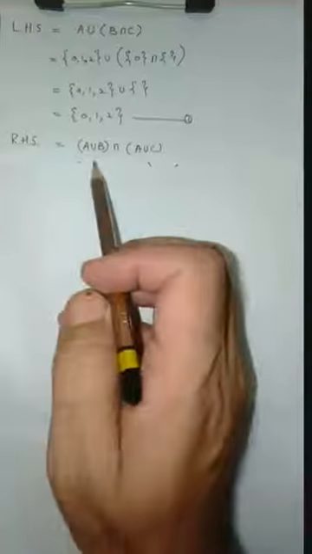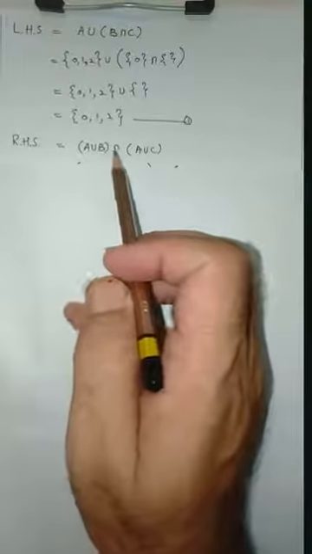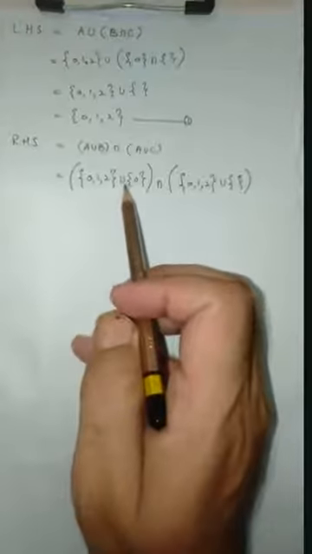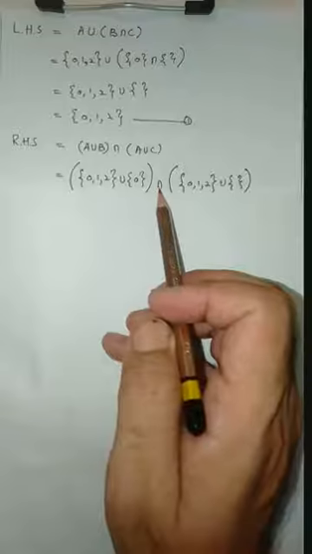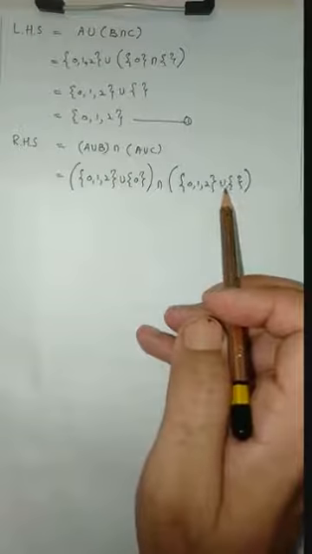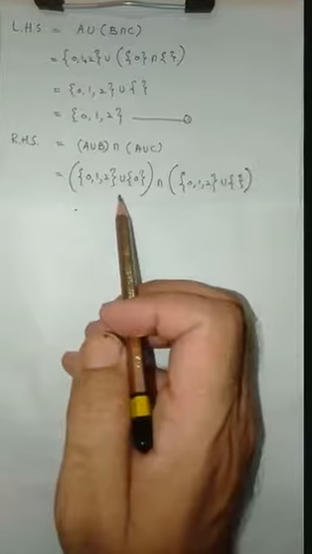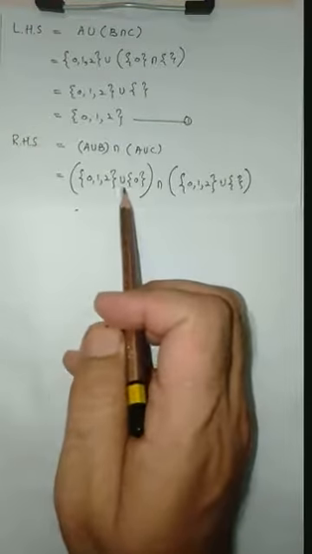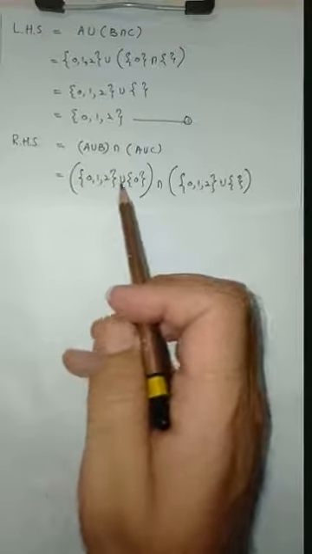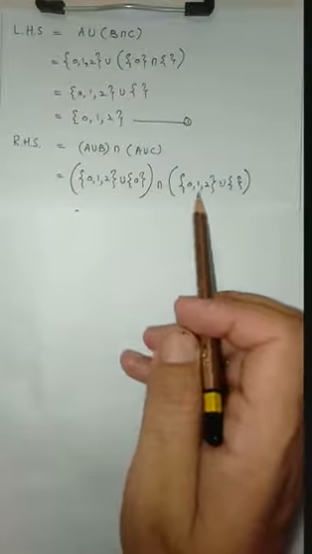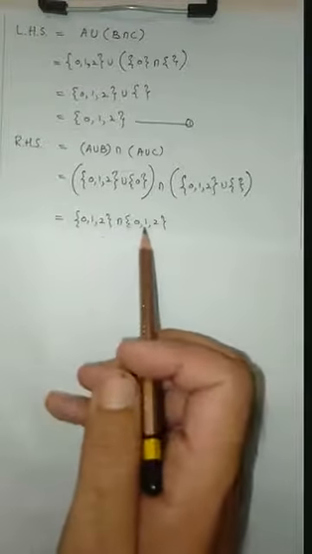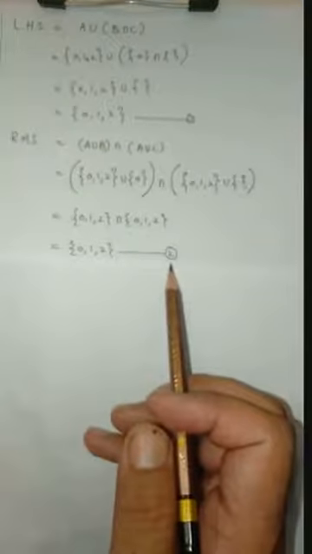Now right hand side is A union B intersection A union C. Now putting the value of set A union, then set B, then intersection, then set A and then set C. First of all we will simplify these two brackets. So we will take the union of these two sets which is equal to 0, 1, 2 and then taking union of these two sets which is equal to 0, 1, 2 like this. Now taking intersection between these two sets which is equal to 0, 1, 2, this is called equation number 2.